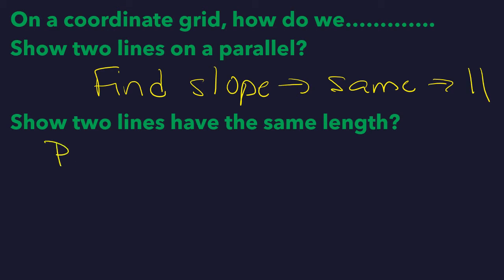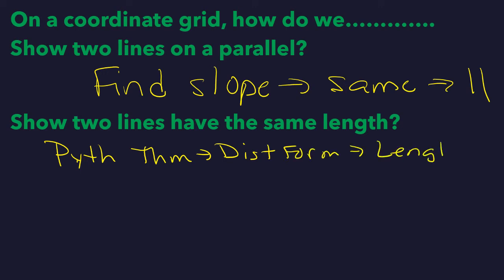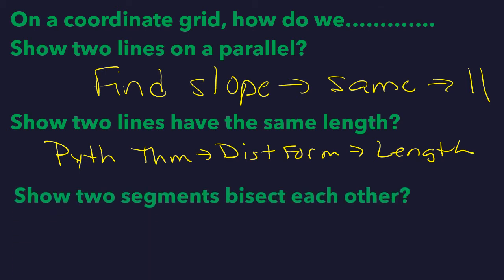Well, I could use the Pythagorean theorem, which is actually a form of the distance formula, and I could find the lengths and compare sides. And then how can I show that two segments bisect each other? Well, technically what I could do is find the midpoint twice.